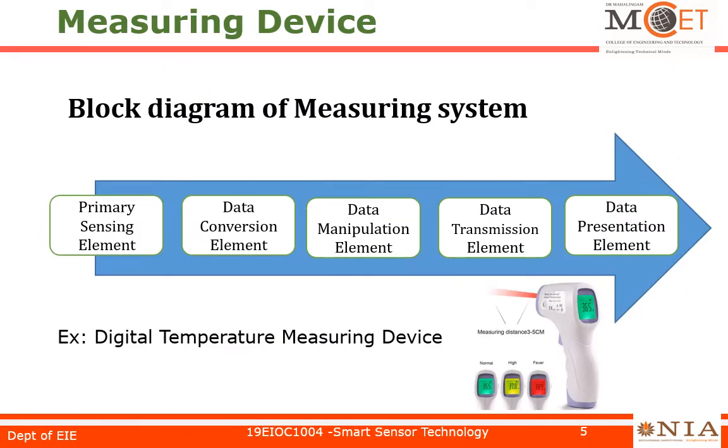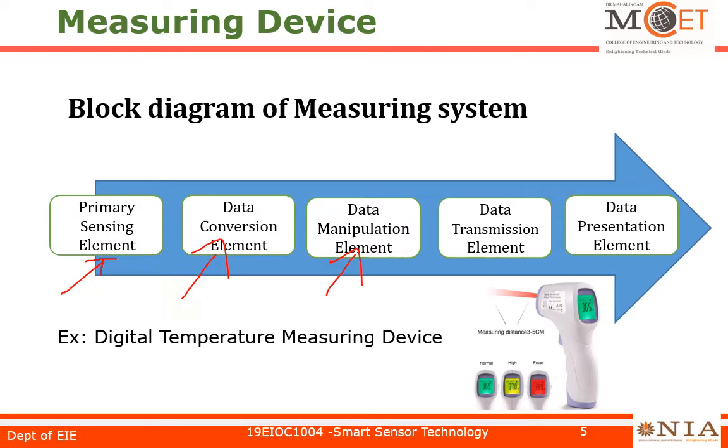In any measuring system or any kind of device that is going to measure or sense any parameter, the basic thing is the sensing element. This is the first one. From this, the physical parameter is measured, and next it is given to the data conversion element, and the required data is obtained through this data conversion element and given to the data manipulation element.